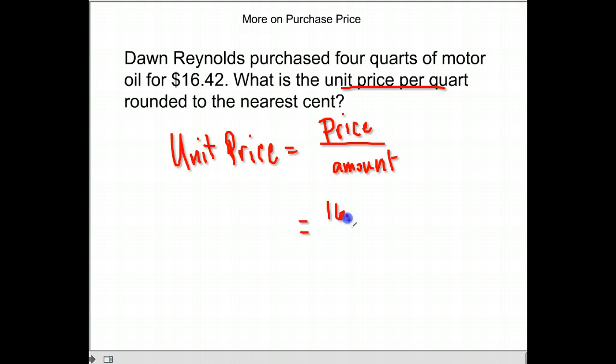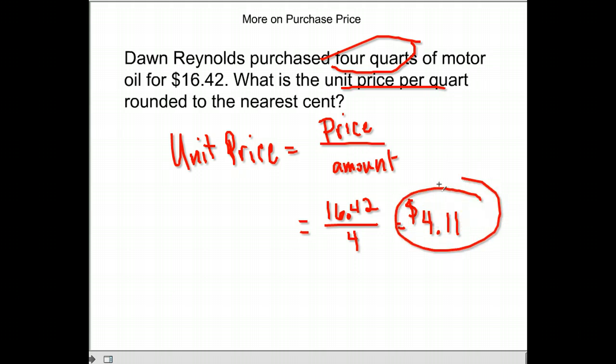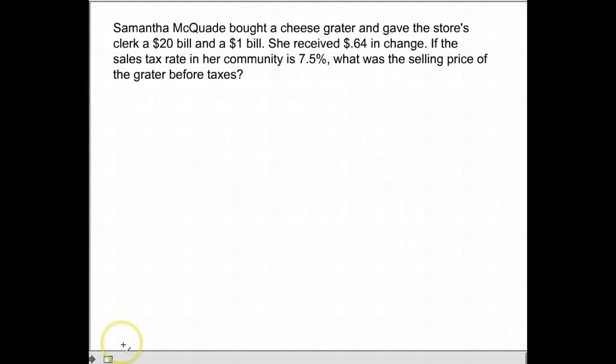So for this example, $16.42 divided by 4 quarts is 4.11. Good. You get 4.105, but again, you have to round to the nearest cent. Okay, so that's how you find a unit price. Again, I'm not going to dwell on that because I think they accidentally put that question in the wrong part.